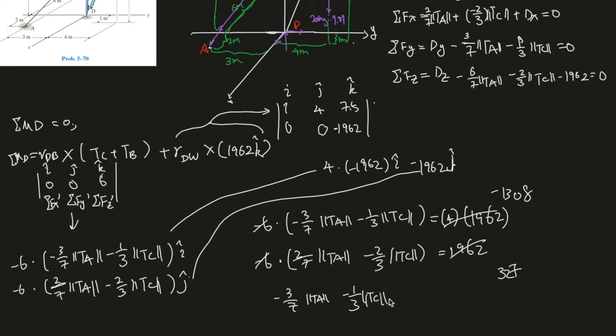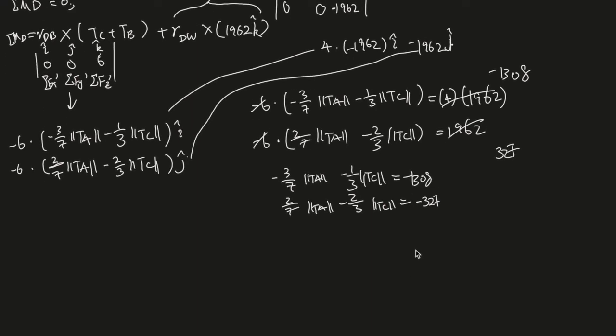This is your second matrix, and this is 0, 8, and then here is 2 over 7 TA minus 2 over 3 TC. This gives you negative 3, 2, and 7, right? And put this into your calculator.